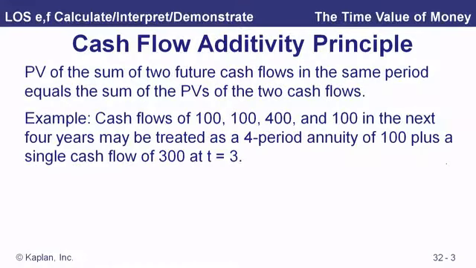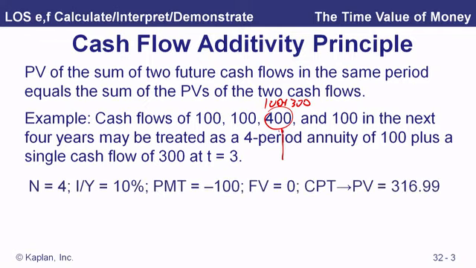As an example, cash flows of 100, 100, 400, and 100 in the next 4 years. We could break this up into 100 and a 300. So now we can calculate this as a 4-period annuity of 100 plus that extra 300 that comes right there.